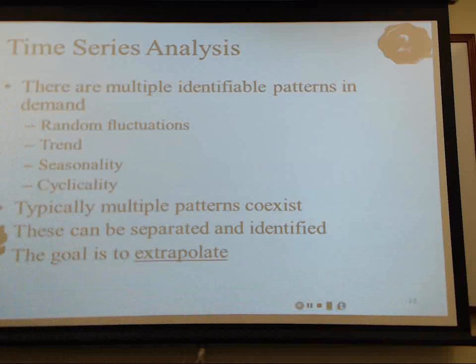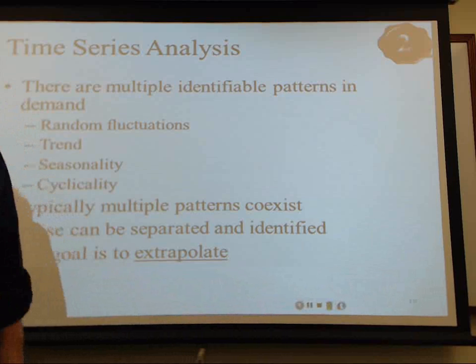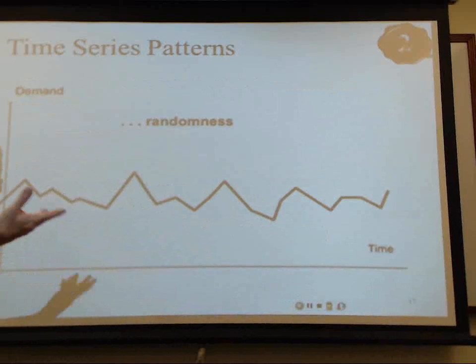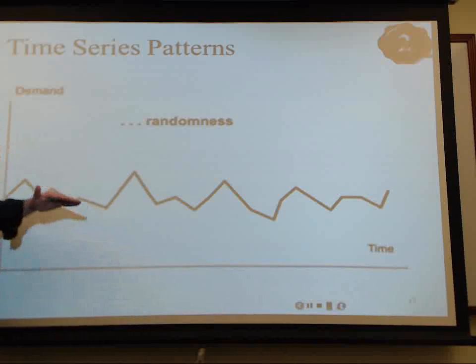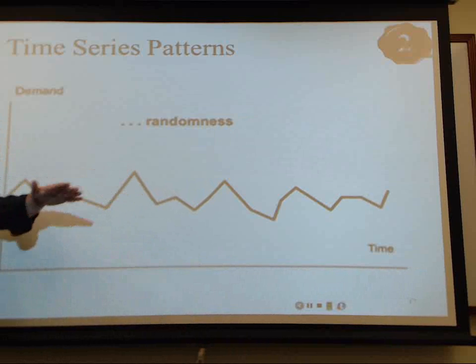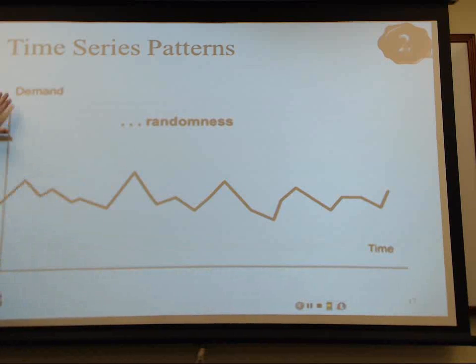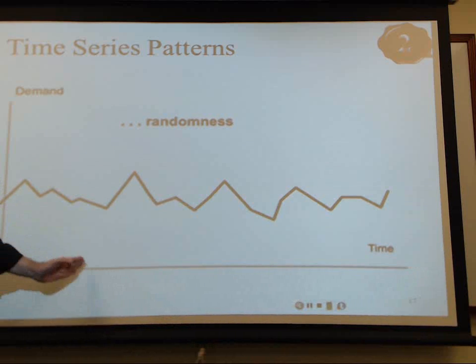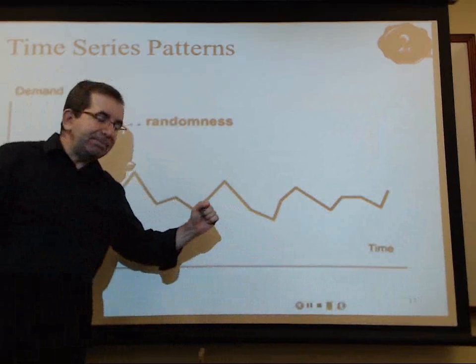So what kind of patterns can there be in the data? There are a few patterns. First of all, this is the simplest one. Let's suppose this axis shows you how much you sell at any given point in time.